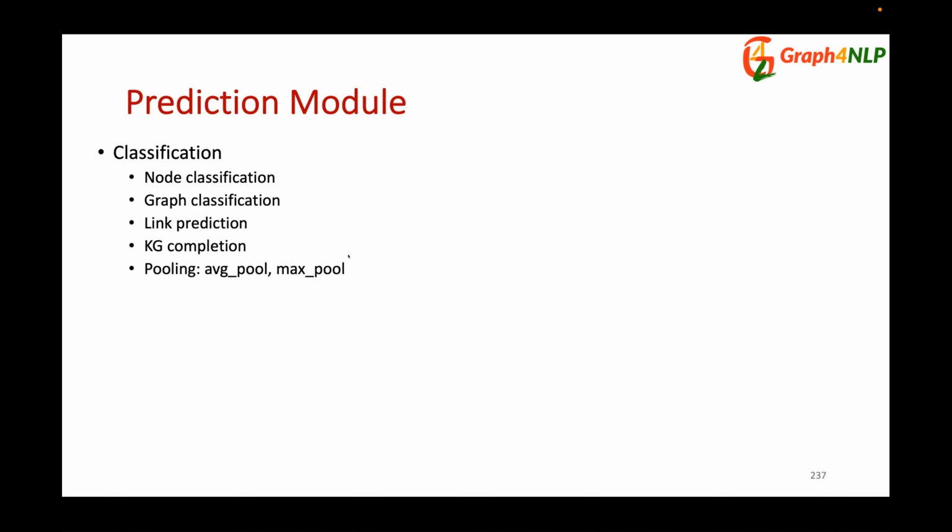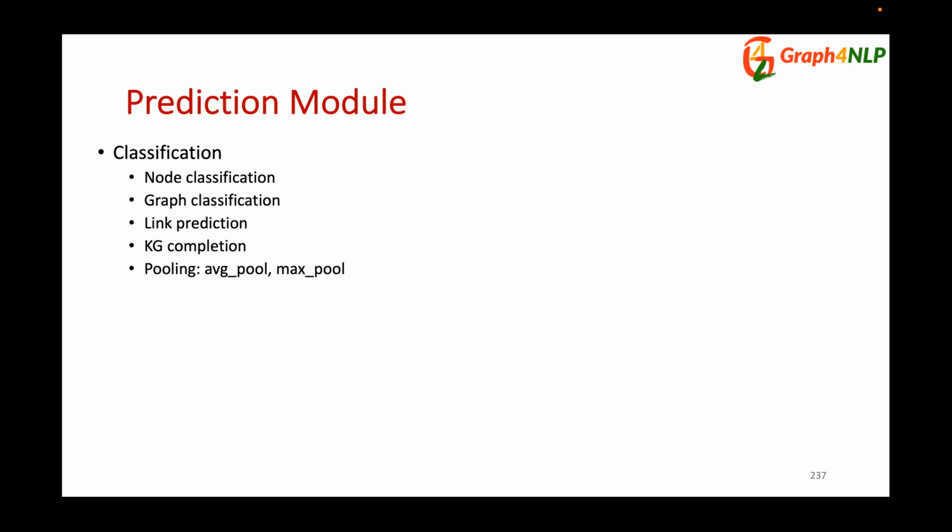Next I'll talk about the prediction module. Basically we categorize NLP tasks into two categories. One is the classification task. For classification tasks, we provide APIs for node level classification, graph level classification, link prediction, and so on. We also provide some commonly used graph pooling mechanisms like the average pool or the max pool.